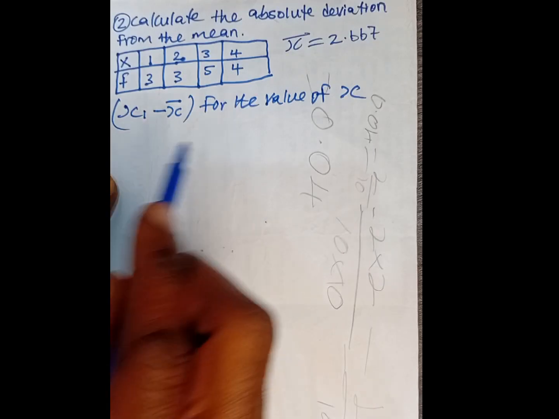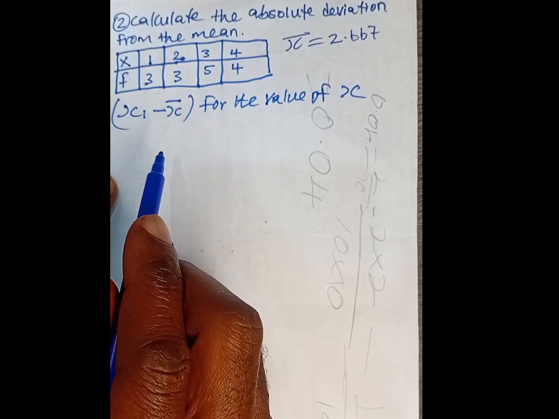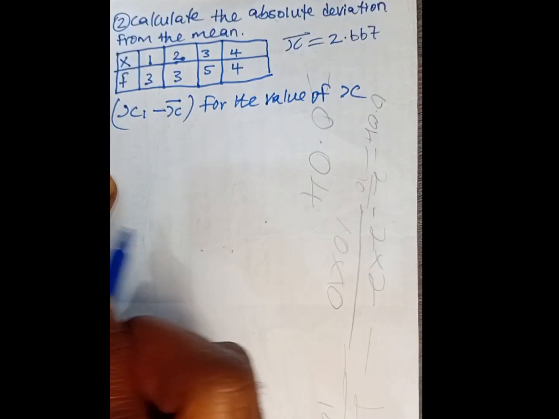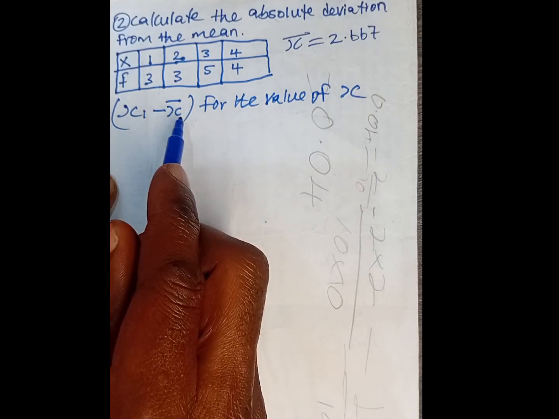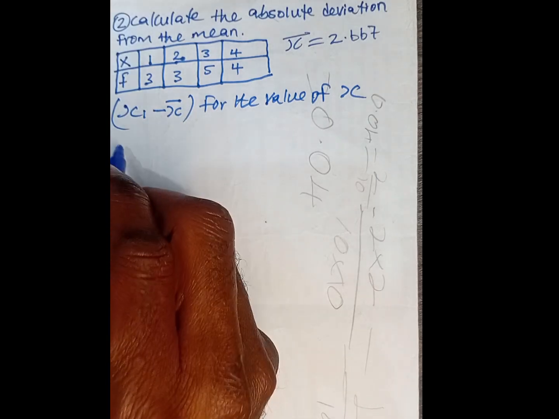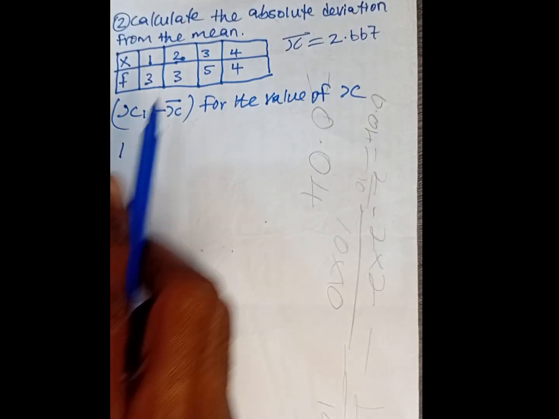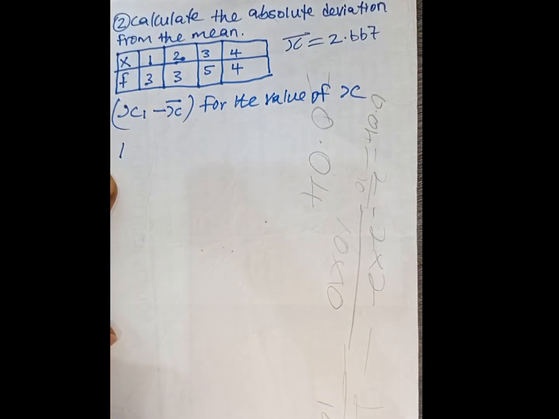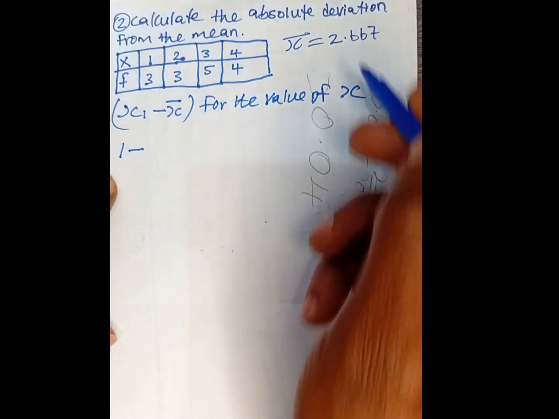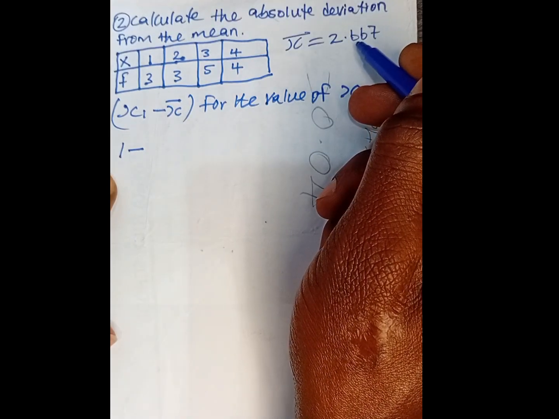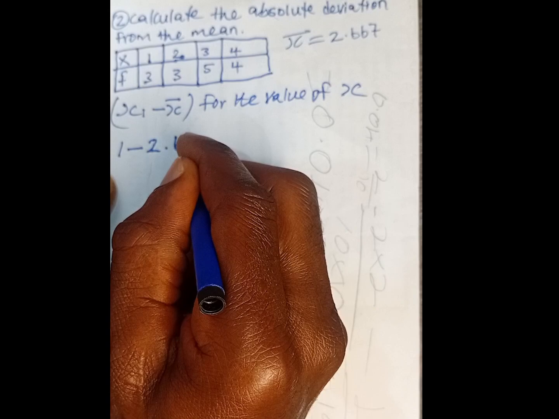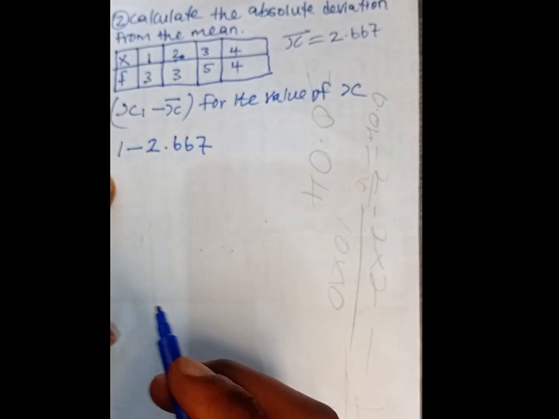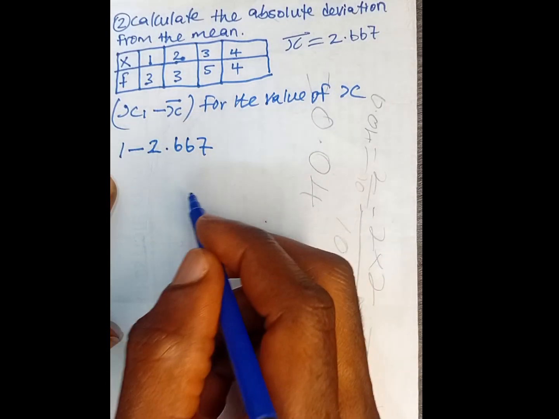Then, to get this absolute deviation, since we have our formula to be x1 minus the mean, therefore we have 1 from the values of x, minus the mean we got from our answer, 2.667.